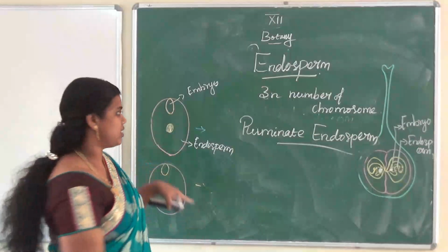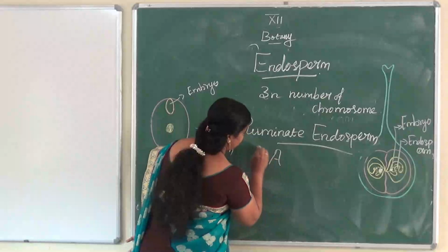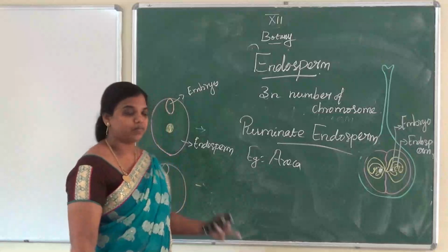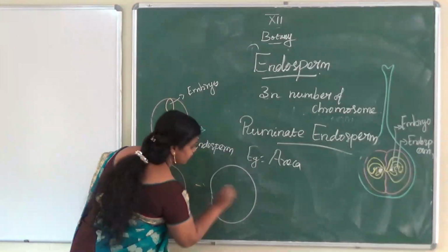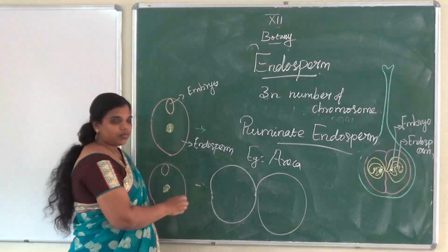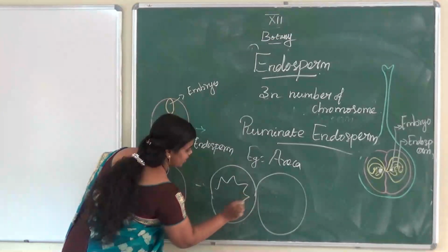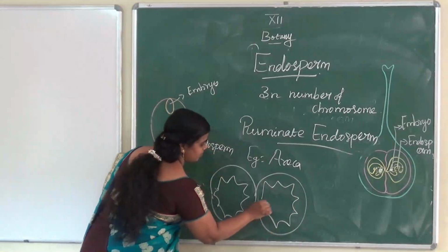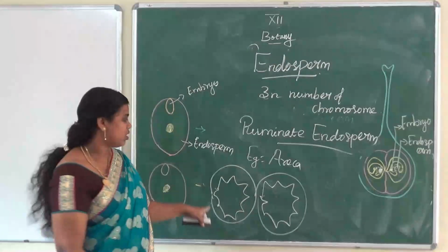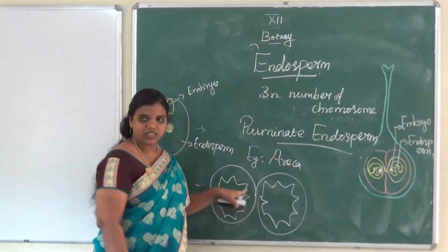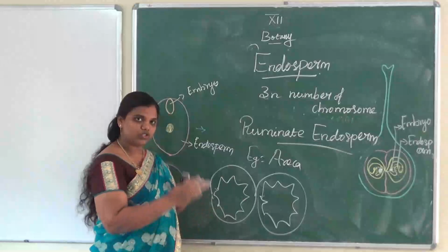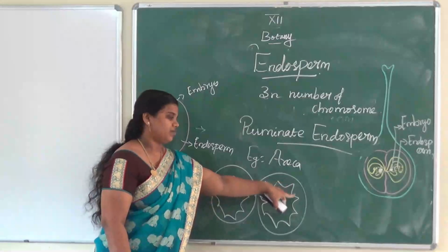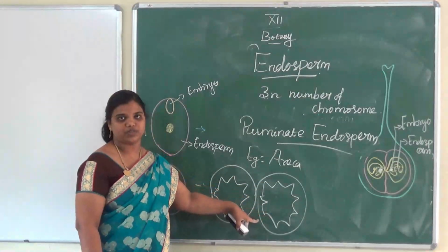One example is areca nut, that is betel nut. Imagine cutting the nut picture, and then the endosperm is irregular in shape. Imagine this picture; you should cut the nut and see the shapeless endosperm.